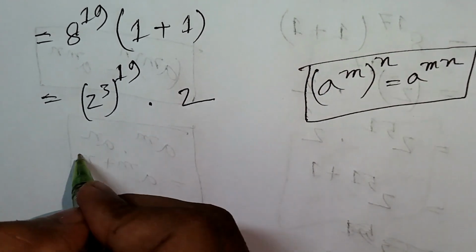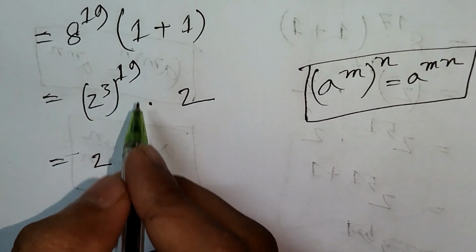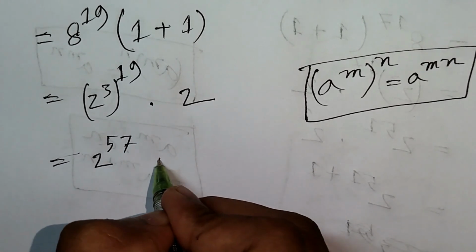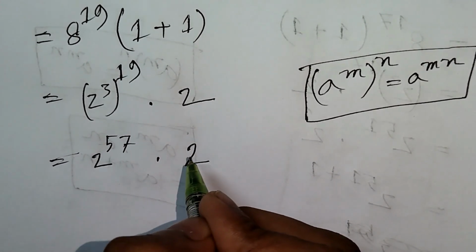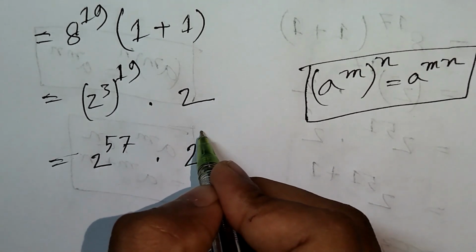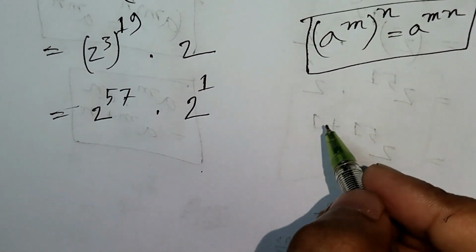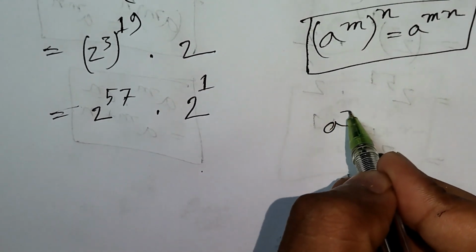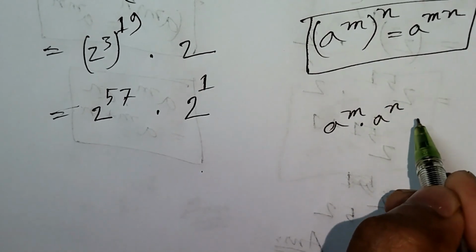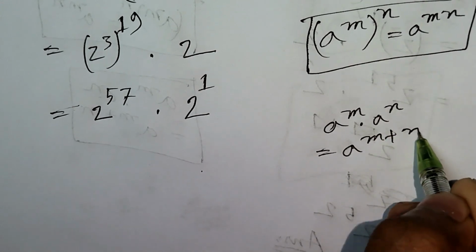So we can write here 2 to the power 3 times 19, that means 57, times 2, that 2 is the same as 2 to the power 1.